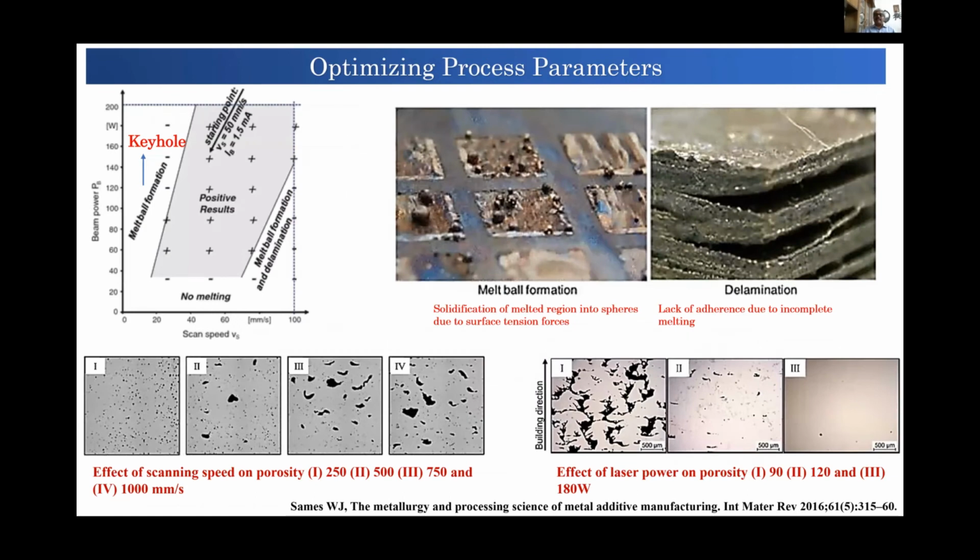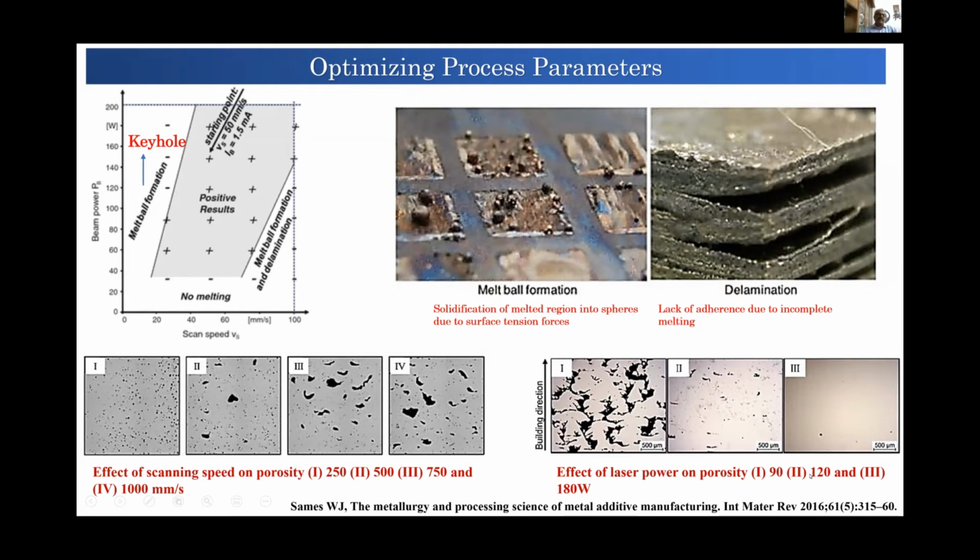The optimization of these process parameters is very important, and these optimizations basically involve controlling beam power and scan speed primarily, and the effects are very apparent in the bottom pictures. Here it is shown that if we increase the scanning speed, the porosity increases, while if one increases the laser power, the porosity decreases.